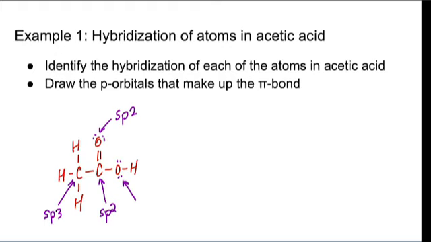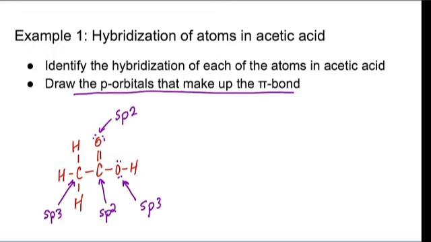Each of those lone pairs then is located within an sp2 hybrid orbital. And then the last oxygen has 4 regions of electron density. So that is created by having 4 sp3 hybrid orbitals. And so those lone pairs are located in sp3 hybrid orbitals. The question asks to draw the p orbitals that make up the pi bond.